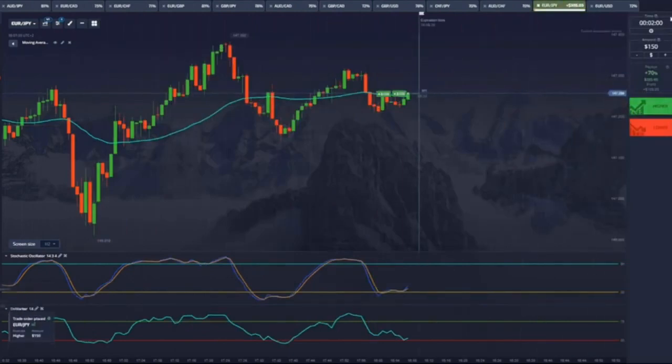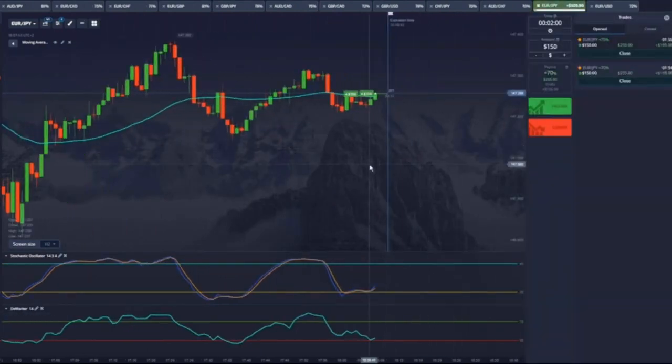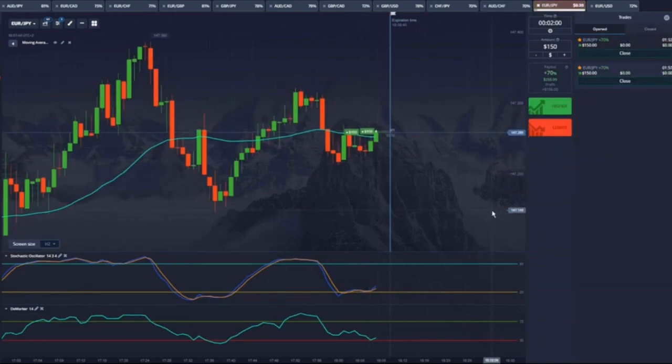Here the moving average is going upward and the stochastic oscillator and the demarker indicator are all leaving the oversold condition upward, confirming a call option trade entry.